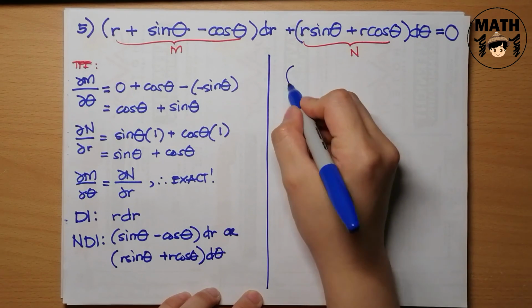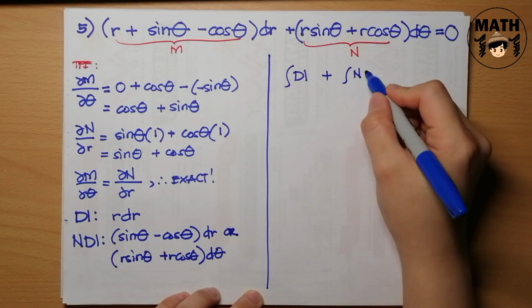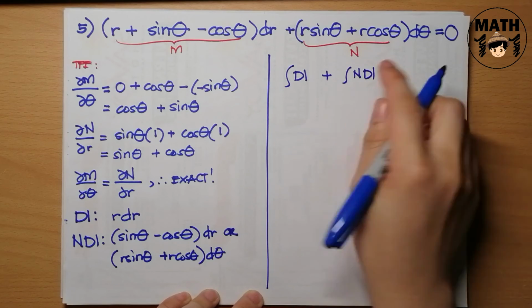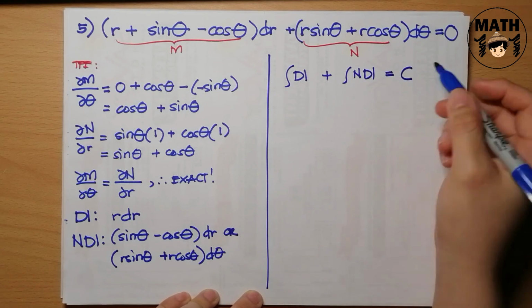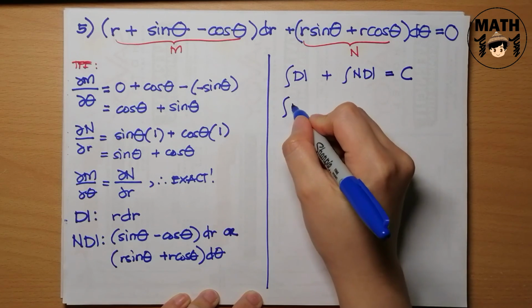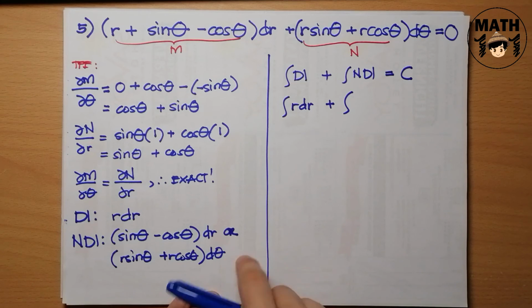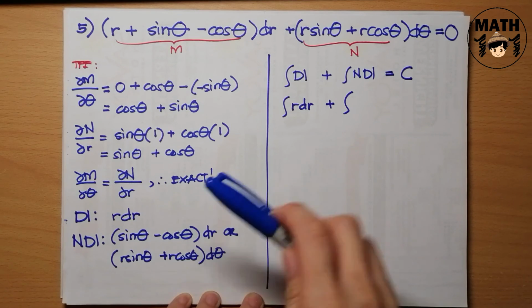To solve this, we'll just integrate the directly integrable plus integrate the non-directly integrable. Pipili lang kayo ng isa equal to a constant. Isa lang yung ating directly integrable. We just write here r dr plus, pili lang kayo dito kung alin yung gusto nyo. Piliin natin yung una.